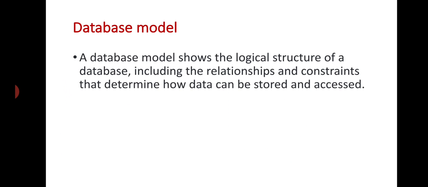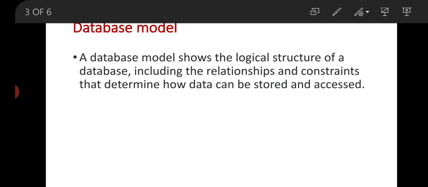Now the next term is database model. What is a database model? A database model shows the logical structure of a database, including the relationships and constraints that determine how data can be stored and accessed. That means if we are going to store data in the database, we have to follow some logical structure: how the data is stored and how we can access it from the database.